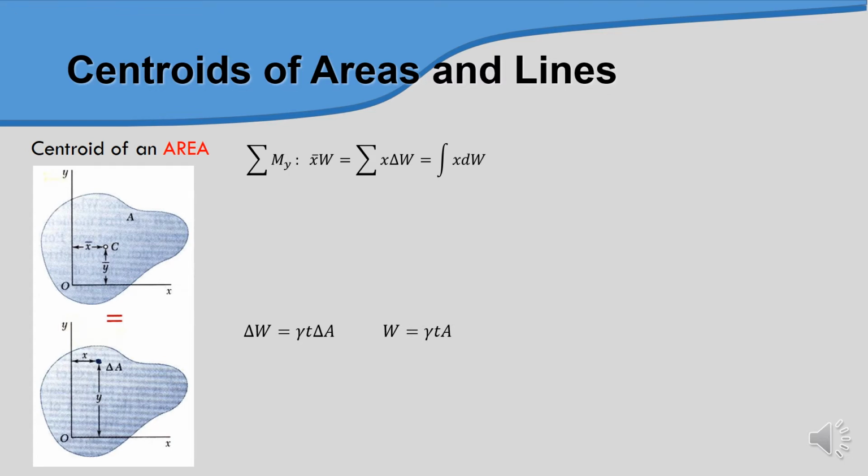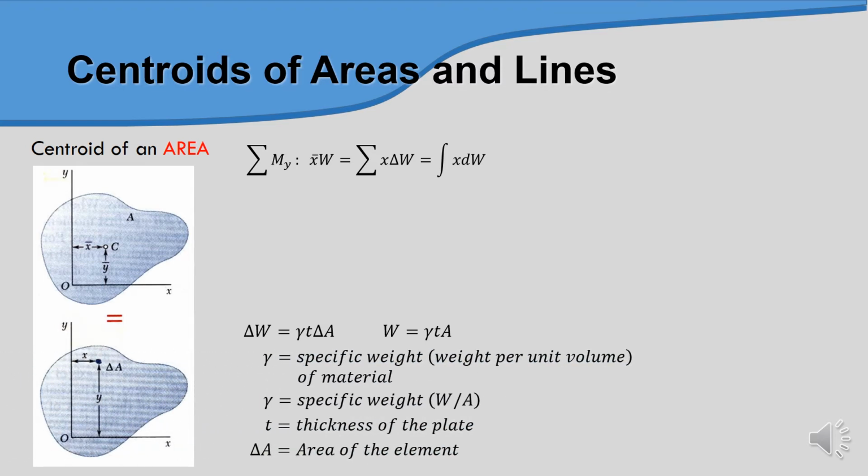So in terms of delta W, we want to change the weight force by using gamma T delta A, or we have W equal to gamma T A, whereby gamma is the specific weight, or weight per unit volume, T is the thickness of the plate, and finally delta A is the area of the element.